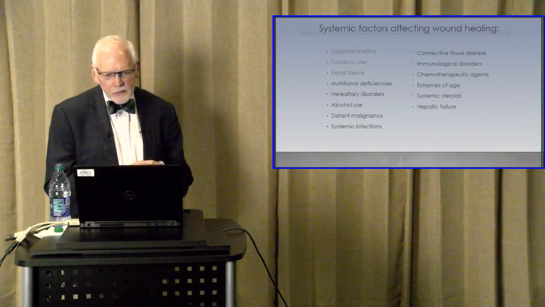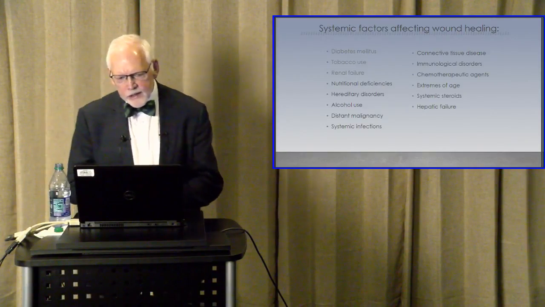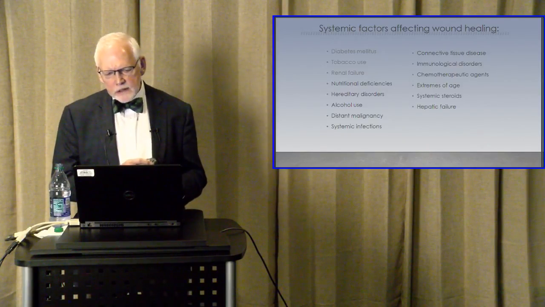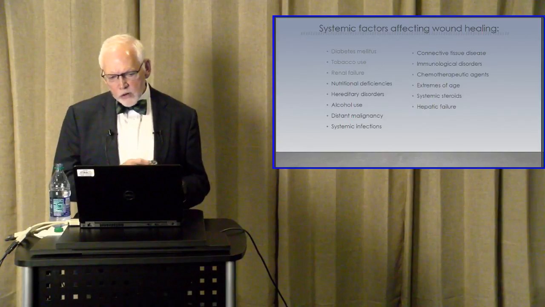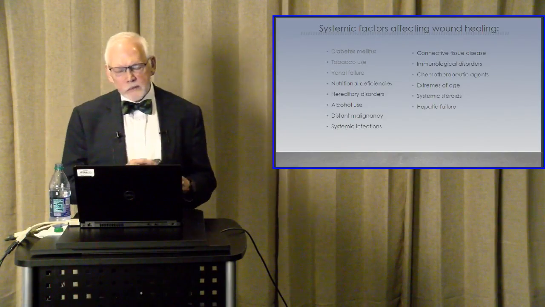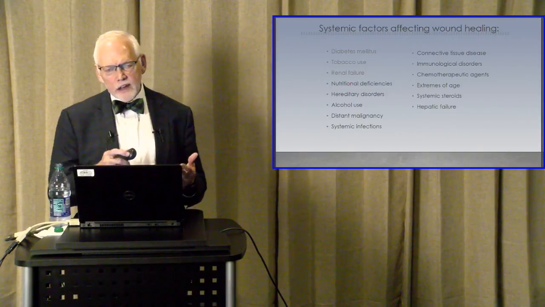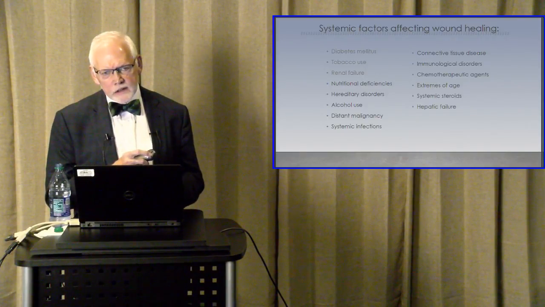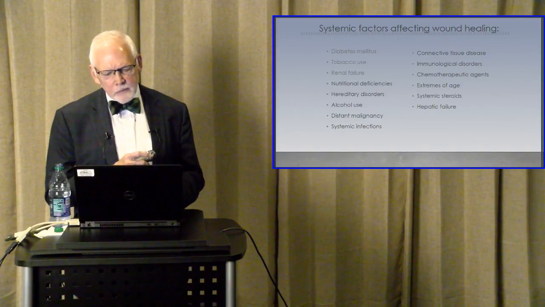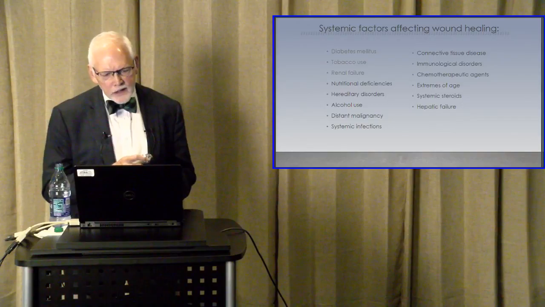There are also systemic factors that affect wound healing, and these will be very familiar to you. Diabetes, and especially non-controlled diabetes, and smoking, because smoking has immediate effects as well as chronic effects. Every time you take a drag off a cigarette, it clamps down blood vessels, which makes a difference in your body's ability to heal.